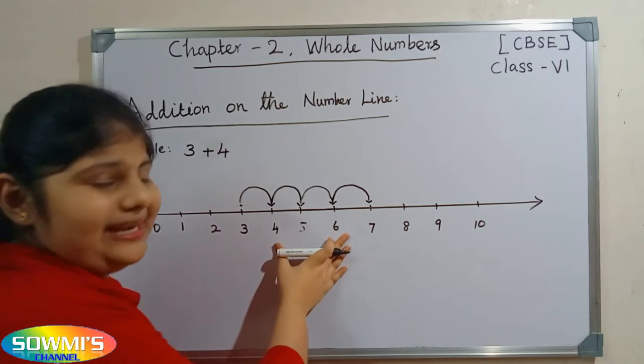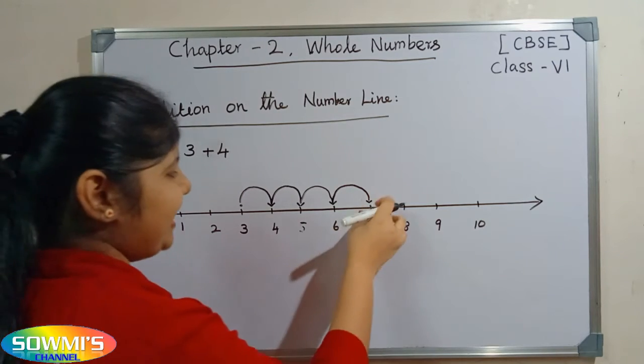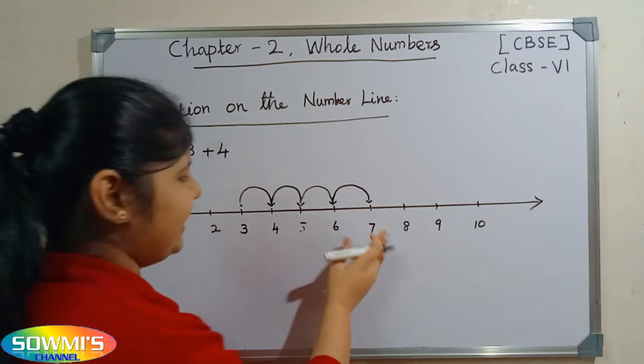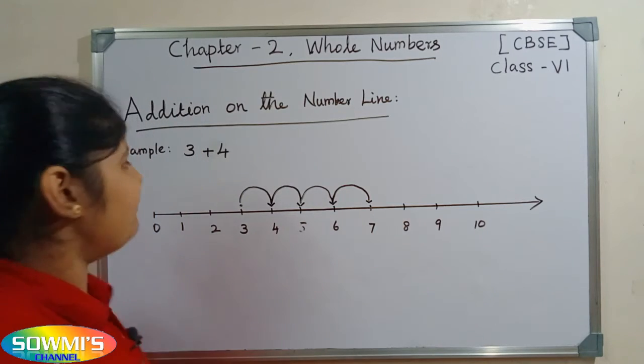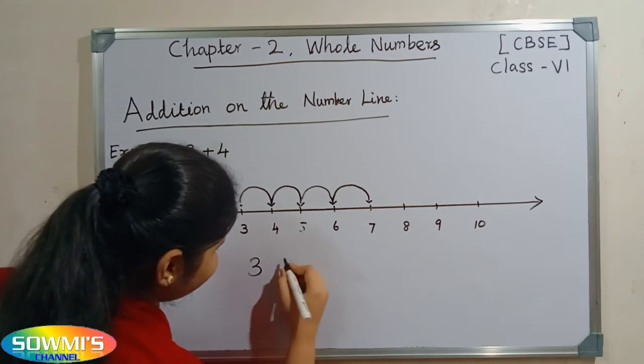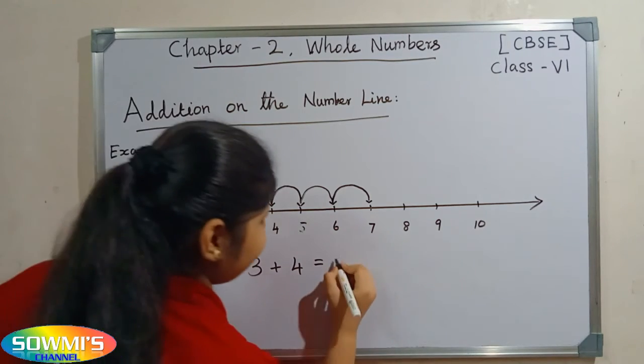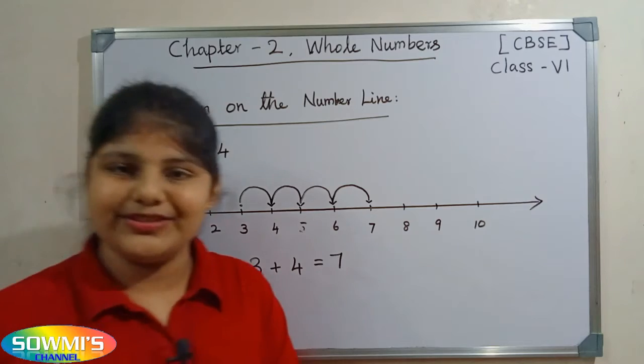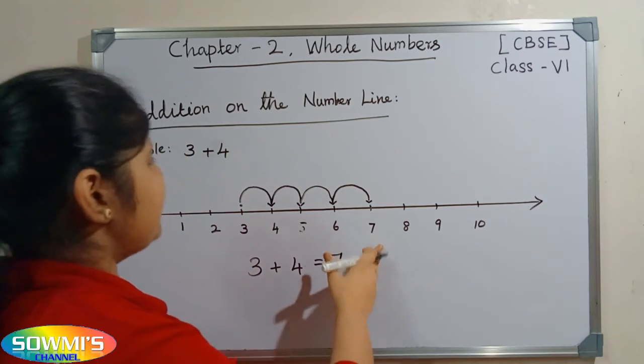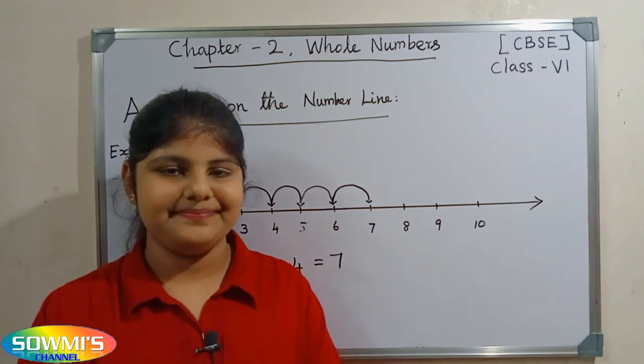So now we have completed the 4 jumps. Where have we reached? We have reached 7. So the sum of 3 and 4 is 7. So this is the way of representing addition on the number line.